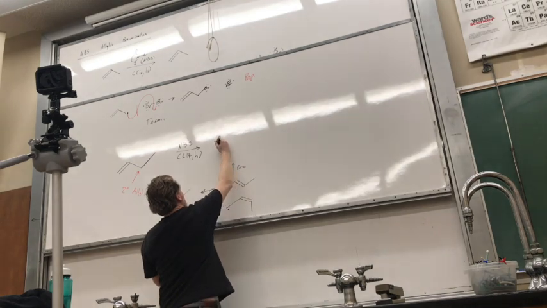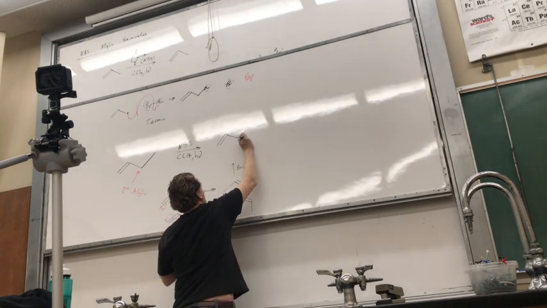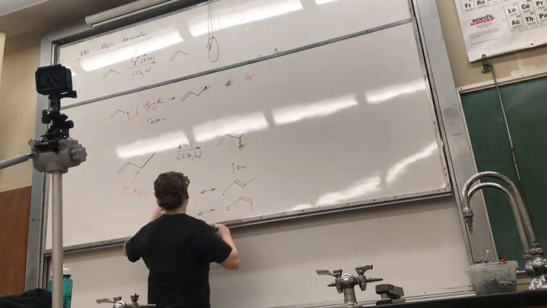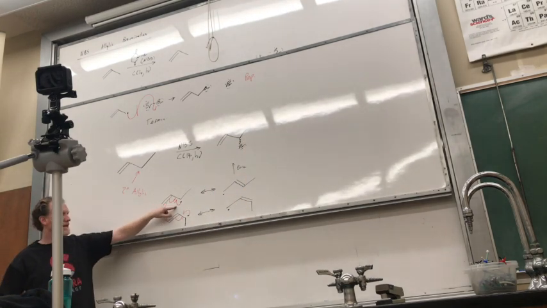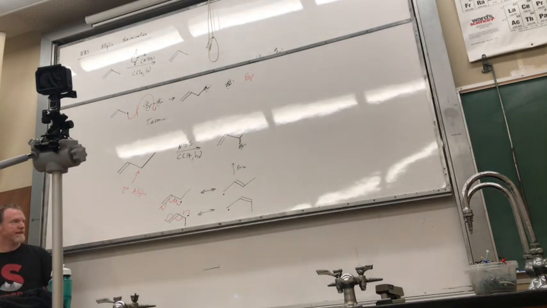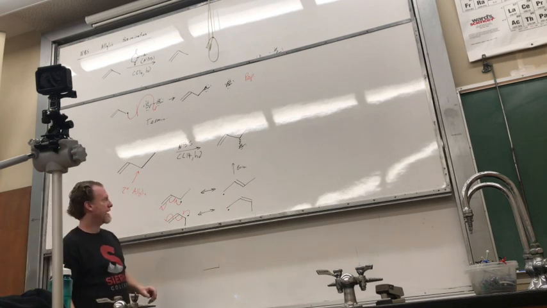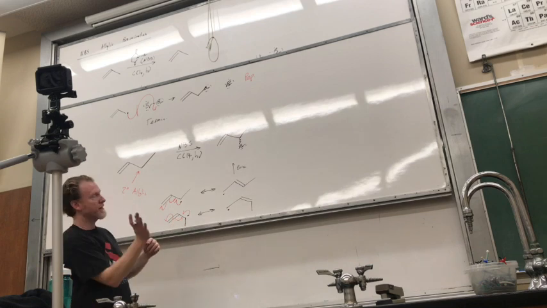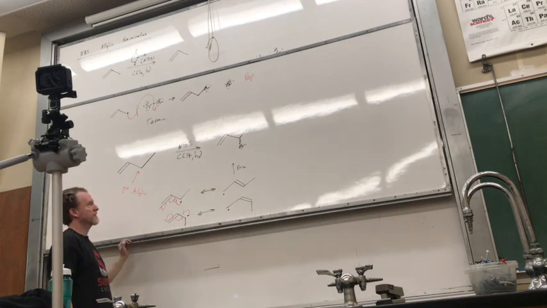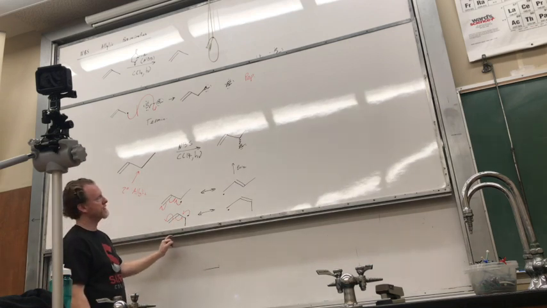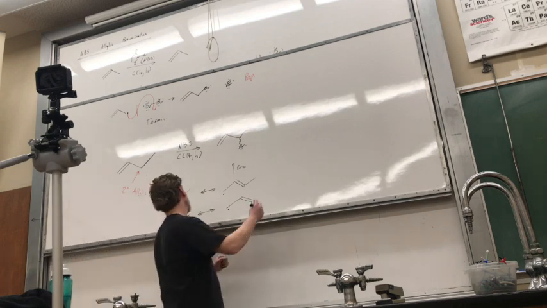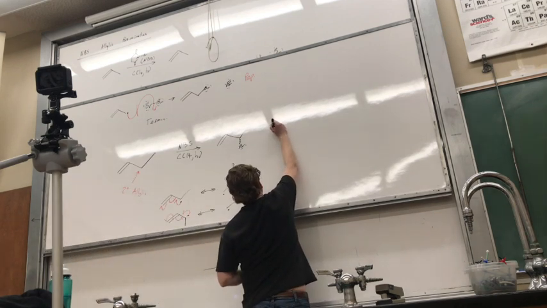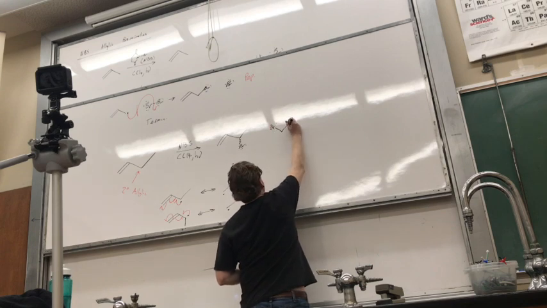So what kind of products am I expecting? I'm expecting this one that can form from the radical that was initially formed right there, right? And then I expect the wiggle there because the bromine can come from either side, so you get the racemic mixture of those two enantiomers. Then on the other ones, we could see how the bromine can attach to this end.